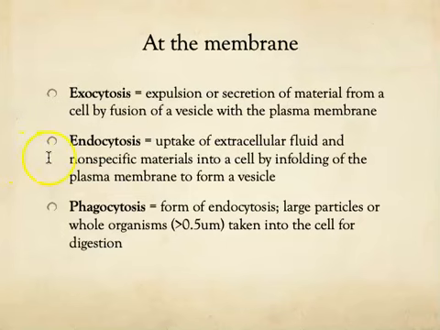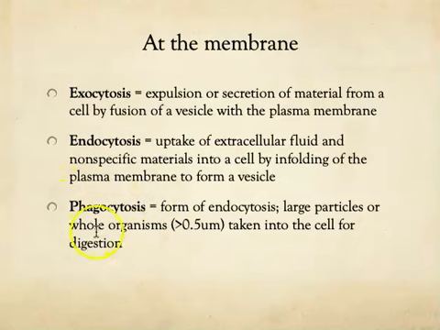Now I'm going to point out that non-specific material is important here because there are generalized forms of endocytosis. There are also specialized forms of this process though, and we will talk about those. Those are the receptor-mediated type of endocytosis.